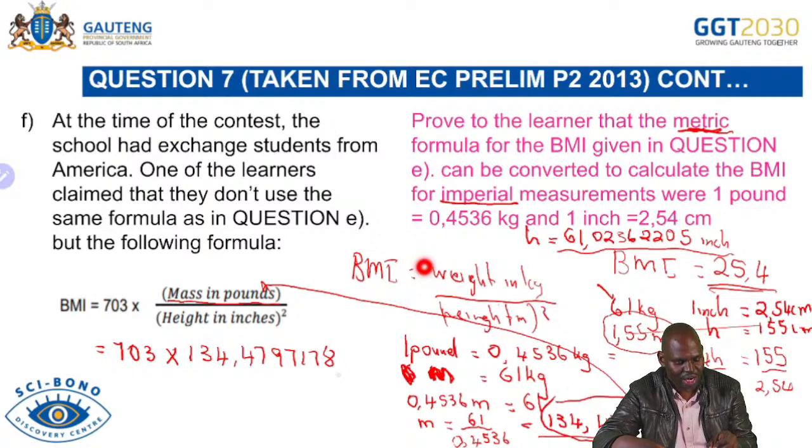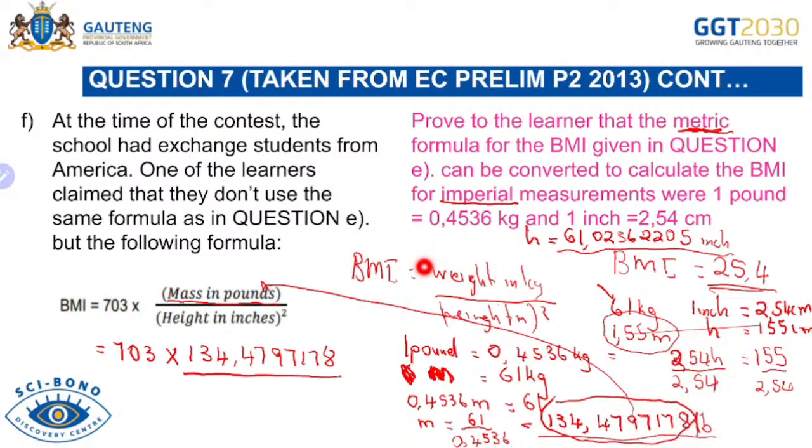Okay, then we divide by the height in inches. Our height in inches is that one, 61.02362205. But remember, the height must be squared, right? So the height must be squared.